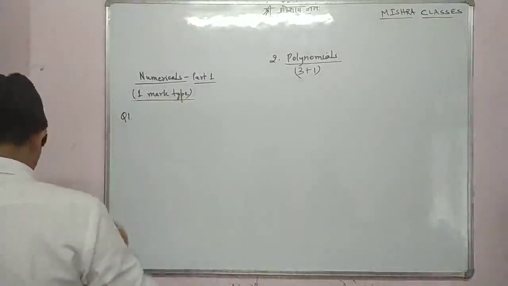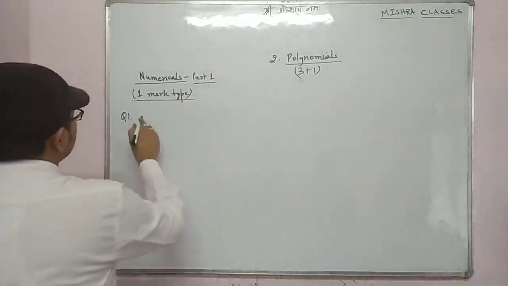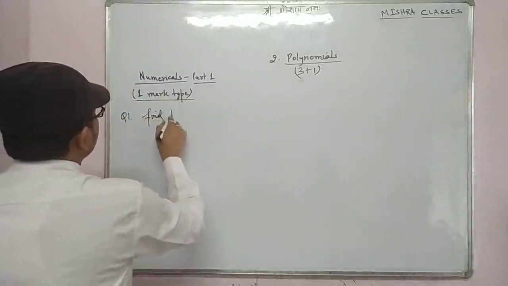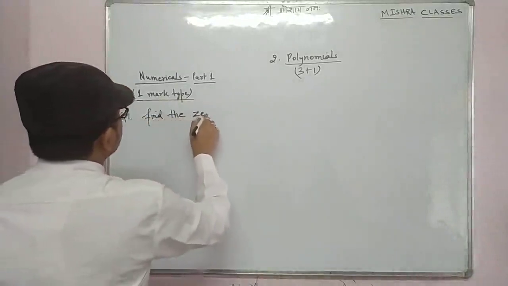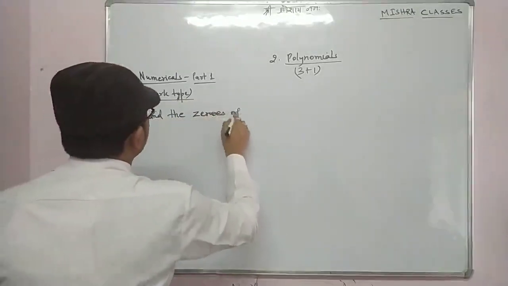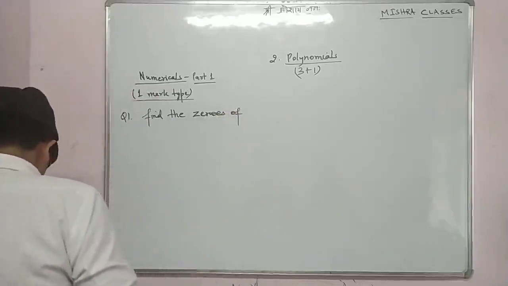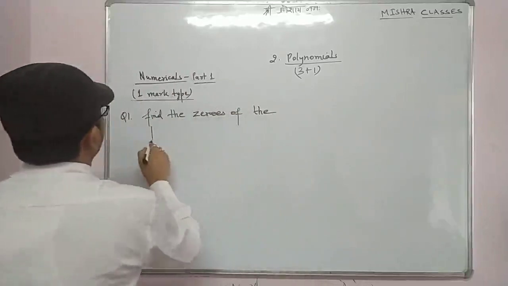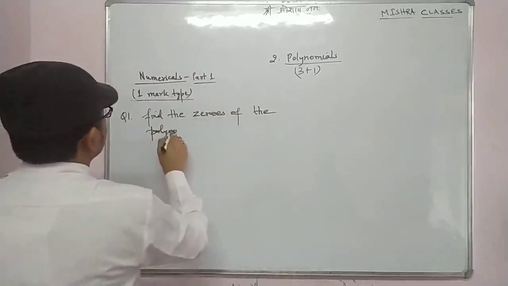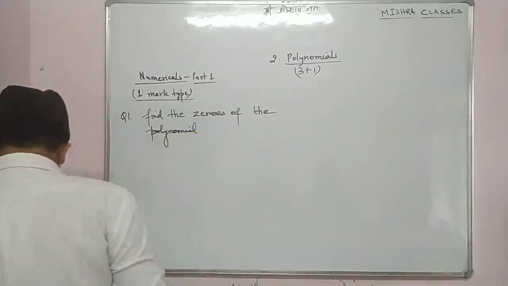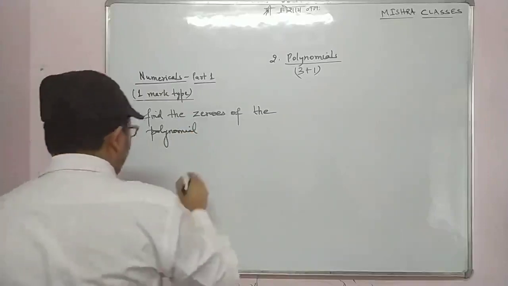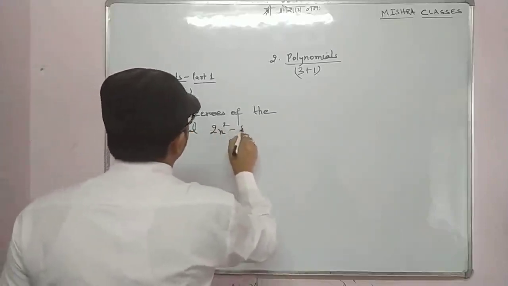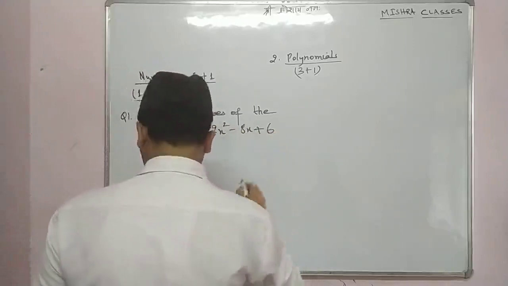Question number 1, find the zeros of the polynomial 2x square minus 8x plus 6.